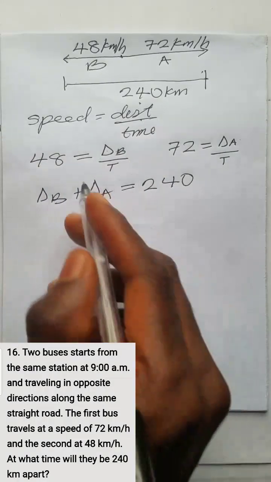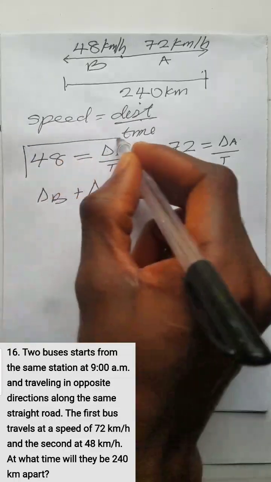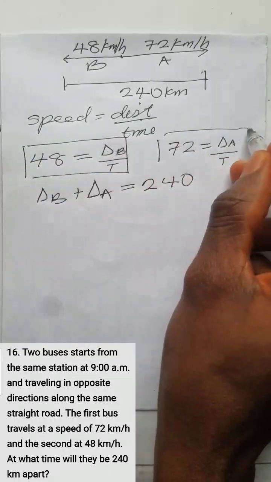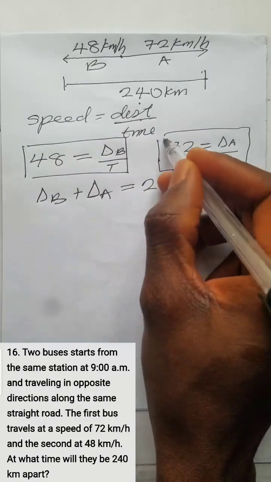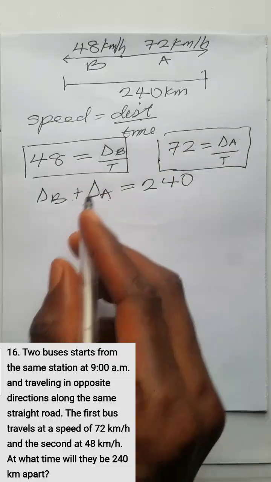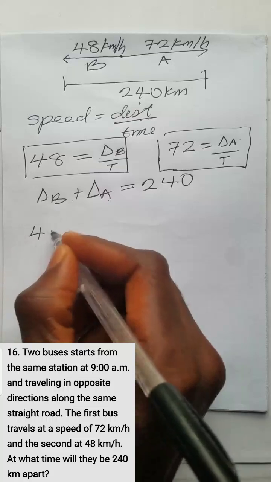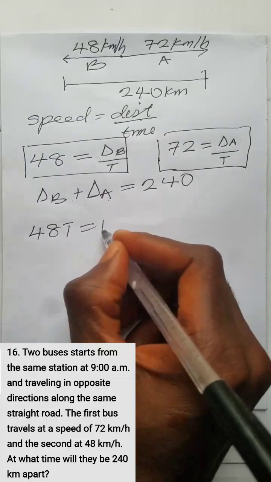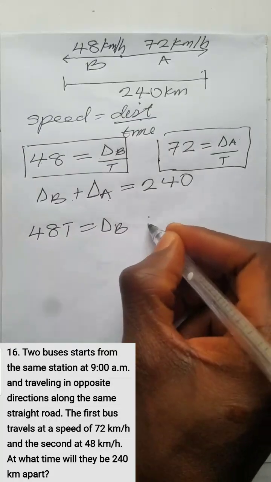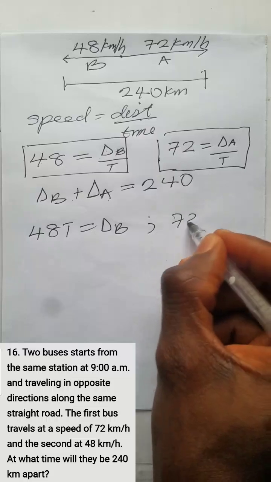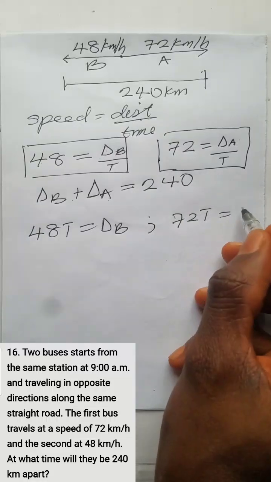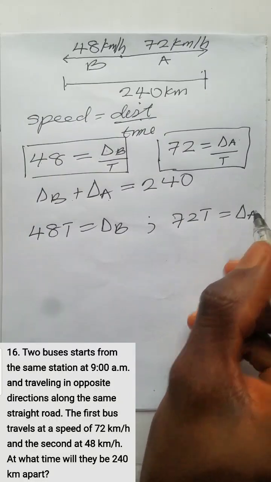So from these two, let's make dB and dA the subject of formula. T is going to come over here. So you have 48T is equal to dB, right? The same way, 72T is equal to dA.